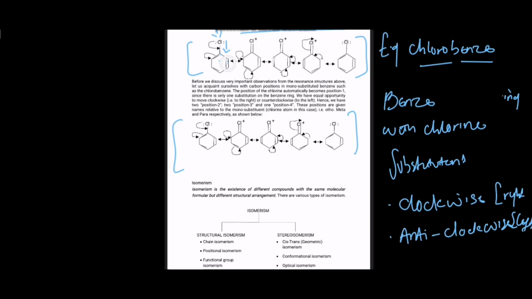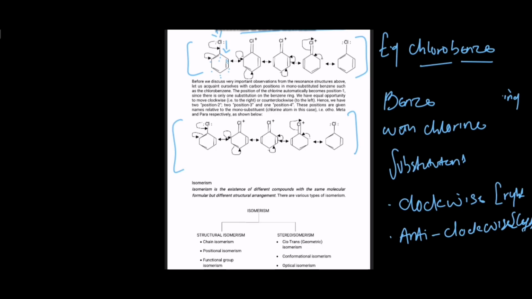The carbon next to that is at position 3. This is 1, 2, 3, and the carbon opposite the chlorine is at position 4. Here it is 5 and 6. We are together, right? This is 1, 2, 3, 4, opposite the chlorine is at position 4 altogether.